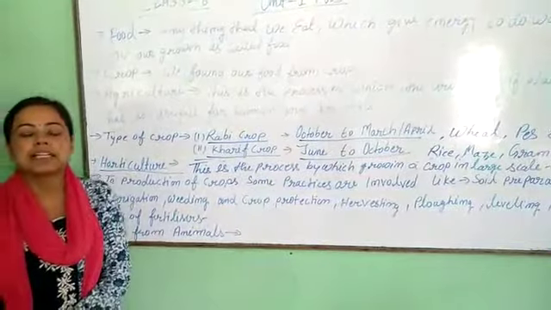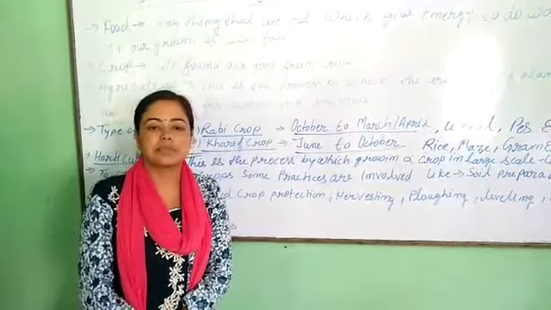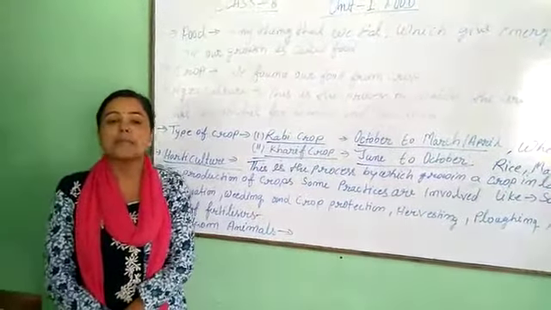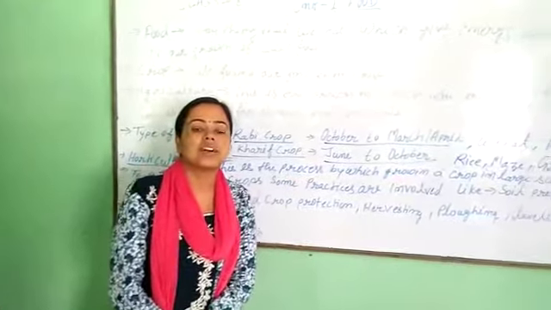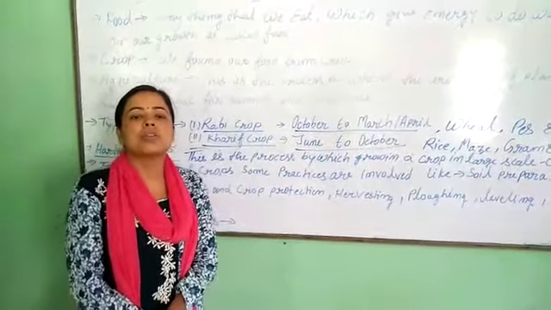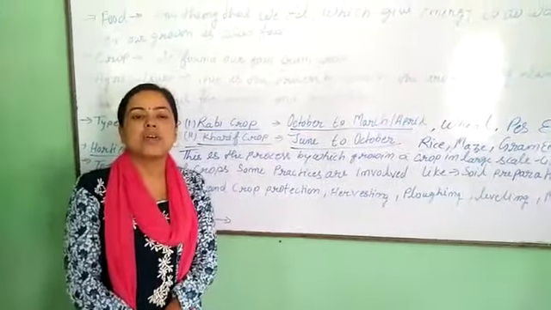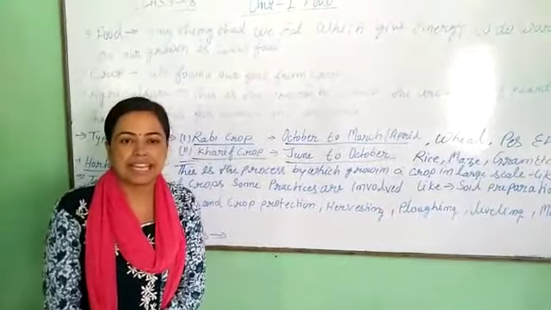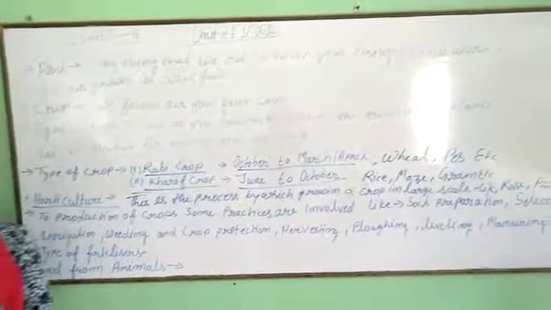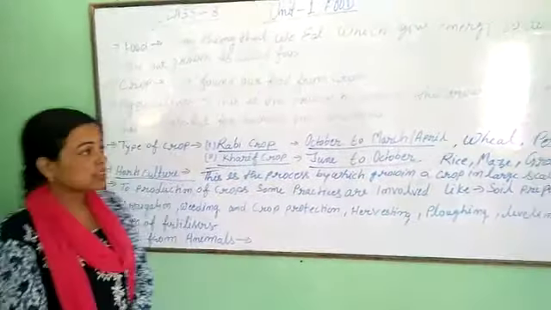Second is apiculture, for obtaining a large quantity of honey. And third is poultry. In a poultry farm, we grow hens on a large scale for meat or eggs and other things. So they are another part of our agriculture or cultivation.